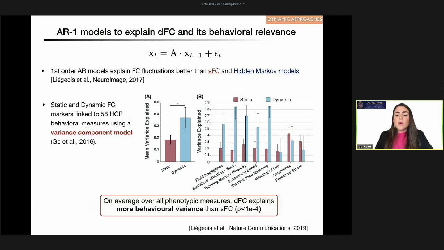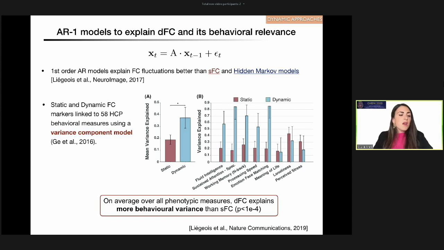So basically what emerged from this analysis is that on average, dynamic measures of functional connectivity explain more behavioral variance than static measures. But more interestingly, it seems that static and dynamic metrics are actually complementary because they explain different behavioral metrics.